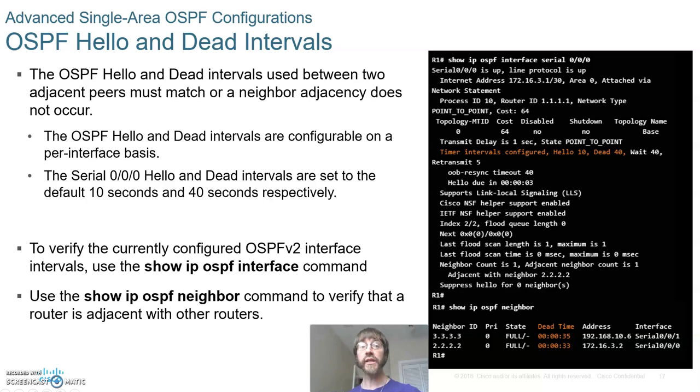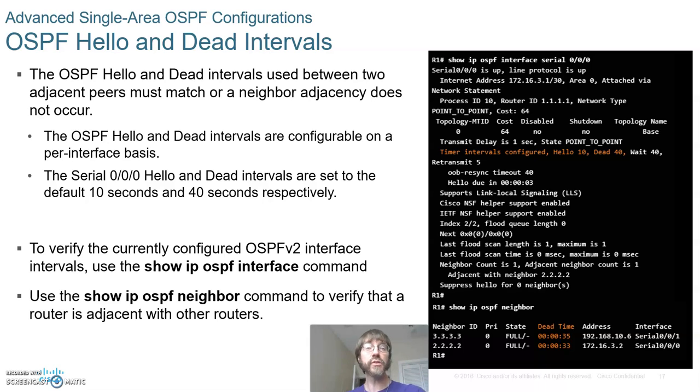This is particularly important when we're dealing with multi-access networks, because the BDR is listening for hello packets from the DR. And if the BDR loses its neighbor relationship with the DR, it will become the DR.